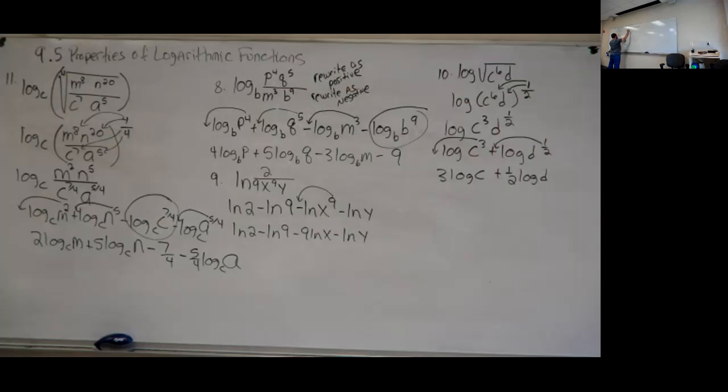Log C of 67 plus log C of 59. They're being added, so I'm going to write them as a product, which will be 67 times 59.